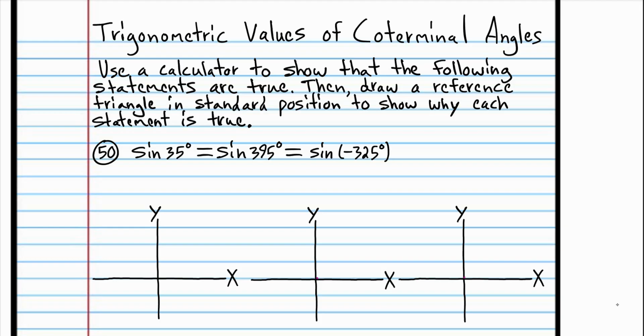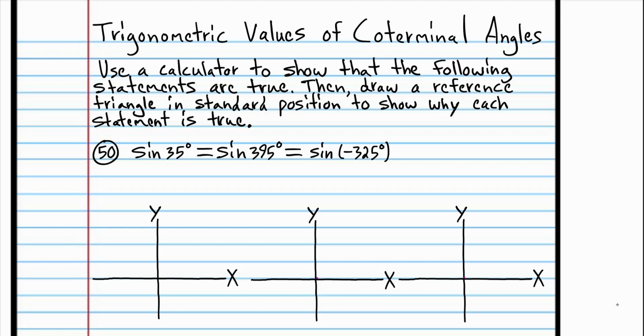Now, the most important question that we need to address is, why do we care about coterminal angles? Well, what's the point? The reason that we care is the value of trigonometric functions of coterminal angles. They're all equal.